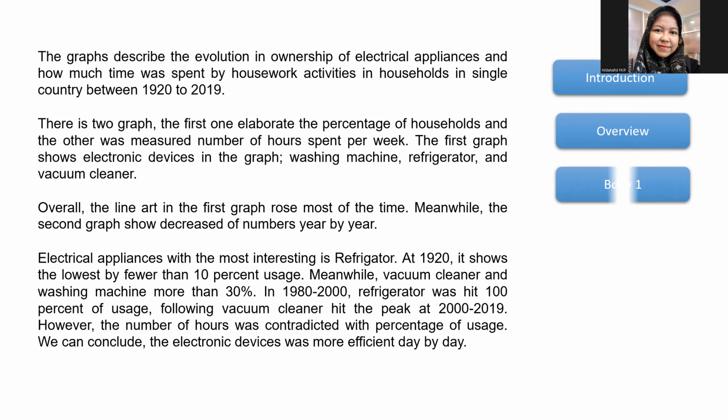And then the third paragraph should be the body 1. In body 1, you could explain or elaborate what's happening in the first graph, which is the level of ownership of electrical appliances. So you could talk about that in the body 1.